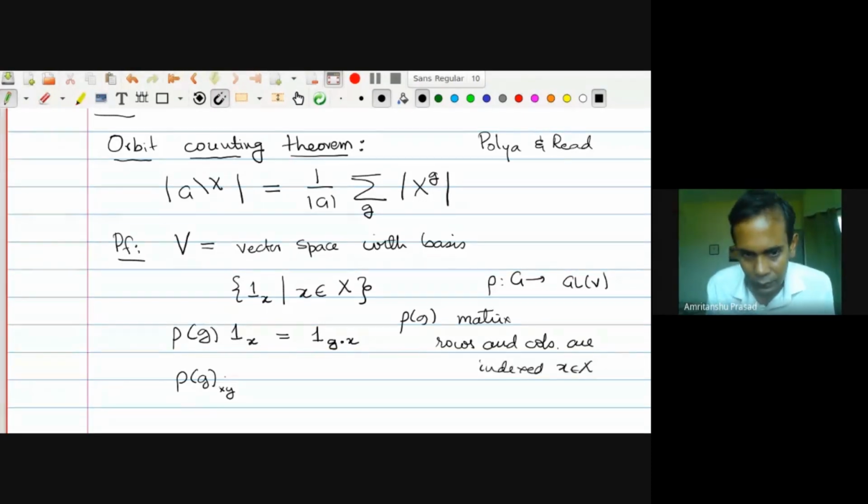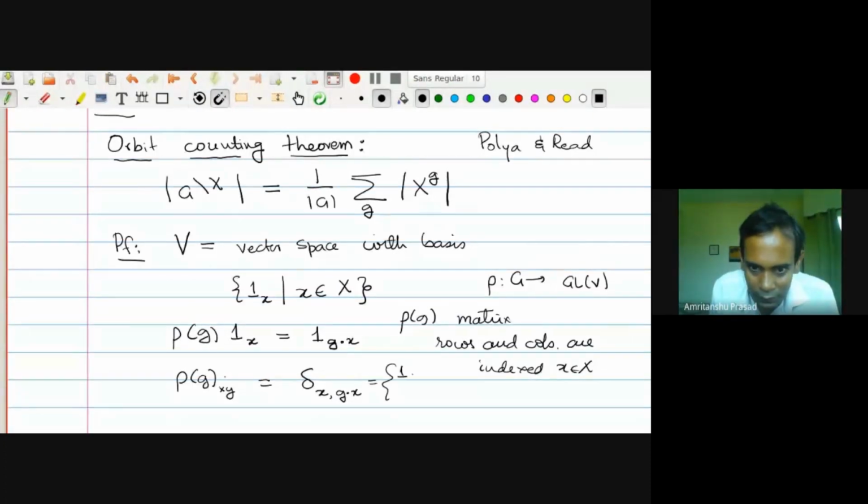To find the matrix of a linear transformation, to find the ij-th entry, you take the coordinate vector corresponding to y, and you see how it expands in terms of x. So it turns out that this is going to be 1 if y is equal to g dot x and 0 otherwise. This is the Kronecker delta symbol.